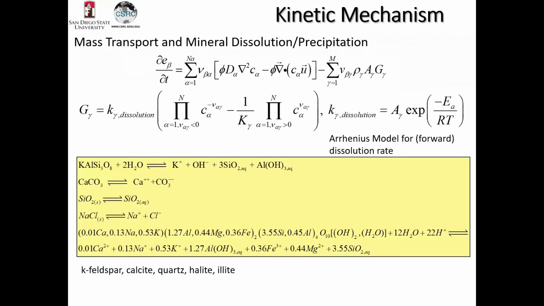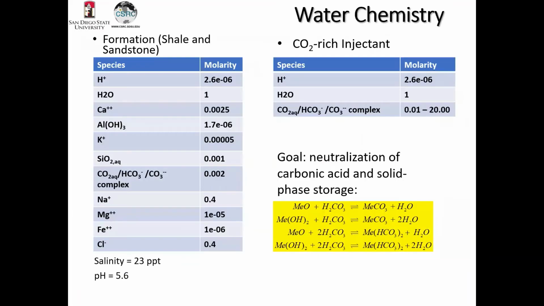And as you saw on the mass transport model, our source term is a kinetic mechanism. So coupled with the transport, we also solve these reaction terms. So we have a system of ordinary differential equations that we solve, which govern the dissolution or precipitation of every mineral at the same time, right? So that's the reaction part.